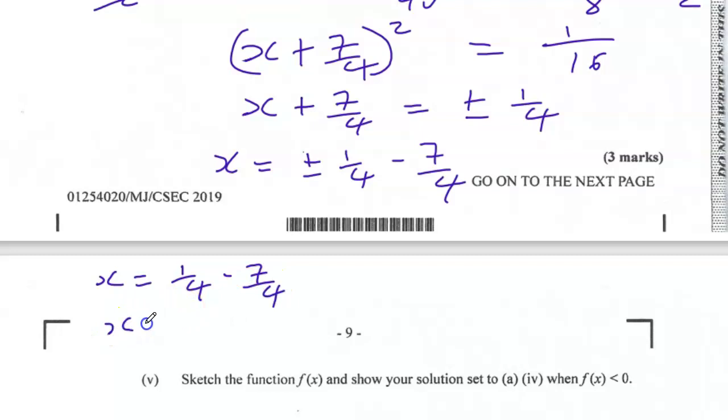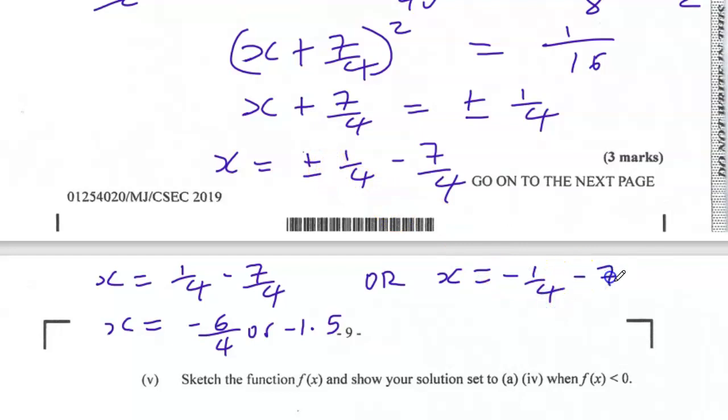That will give me minus 6 over 4, or negative 1.5. Or we could say x equals minus a quarter minus 7 over 4. That gives us minus 8 over 4, which is equal to minus 2. So the solutions are minus 2 and minus 1.5.